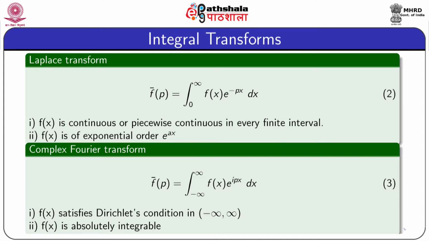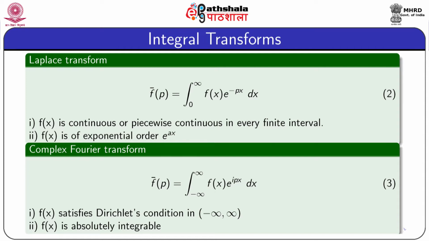f(x) must satisfy Dirichlet's conditions in minus infinity to plus infinity. It is to be mentioned that the Dirichlet condition means f(x) should satisfy two conditions. One of them is that f(x) must have a finite number of finite discontinuities within any finite interval within minus infinity to plus infinity, and f(x) must have a finite number of maxima or minima within a finite interval.